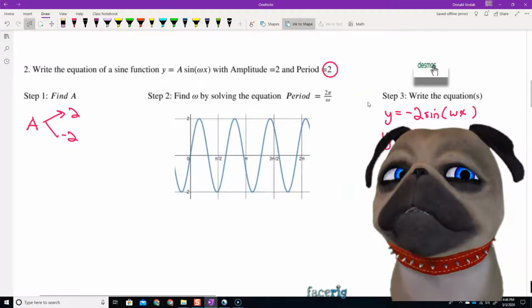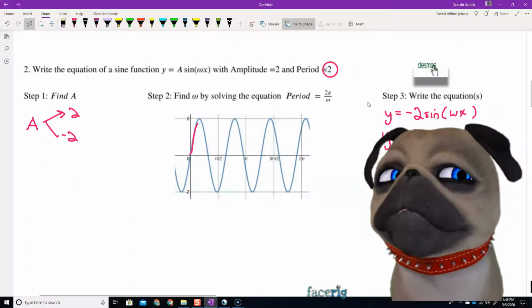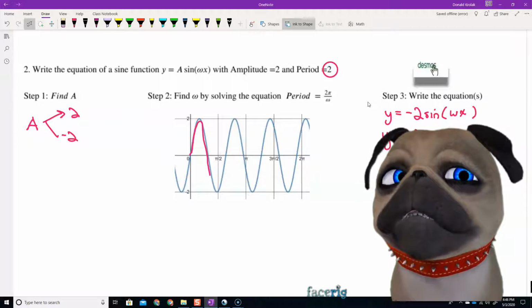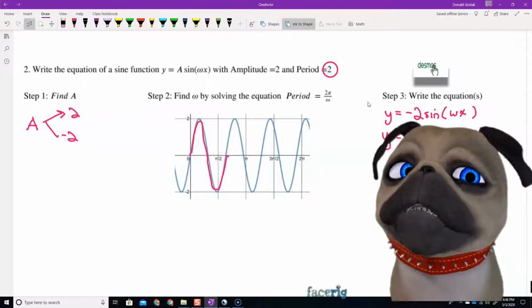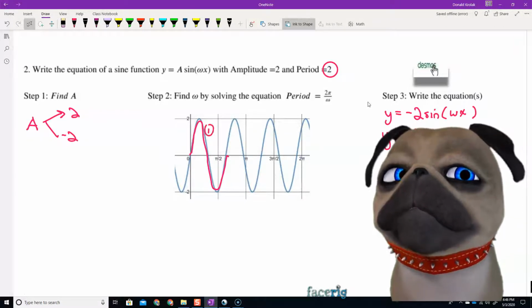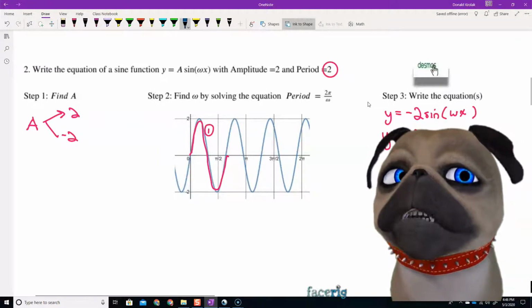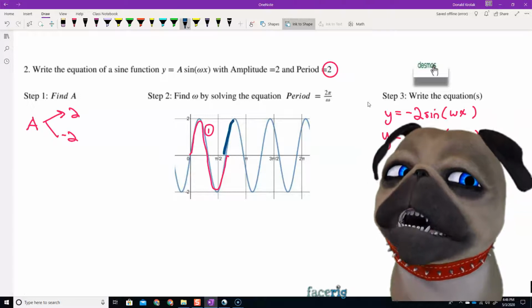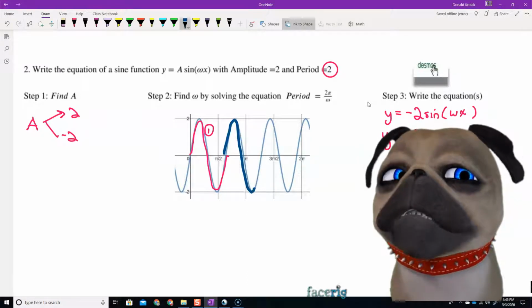Okay, and you can see that here's one cycle of sine. There's one. And then if I kept going and just highlighted other ones, here's 2 full cycles of sine.